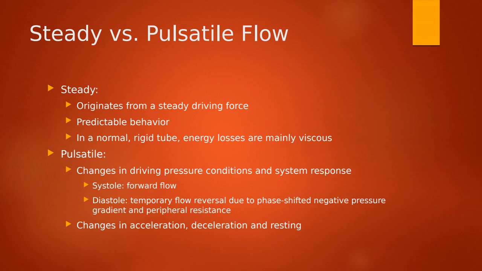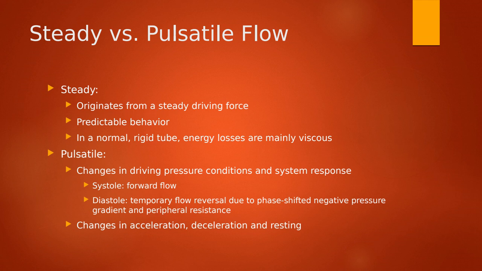So this is going to say that it is originating from a steady driving force. This is a very predictable behavior. So in a normal rigid tube, energy losses are going to be mainly viscous. And you're like, okay, well, what is steady flow if we don't have any of that in our body? Steady flow is going to be like a garden hose, right? So you turn the water on and it's steady until you turn it off. Predictable behavior, right?